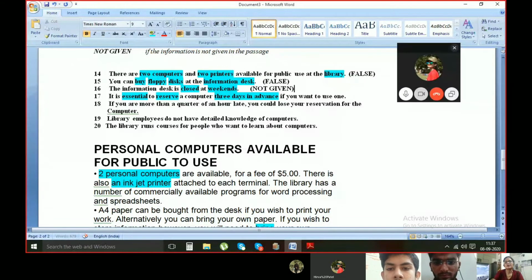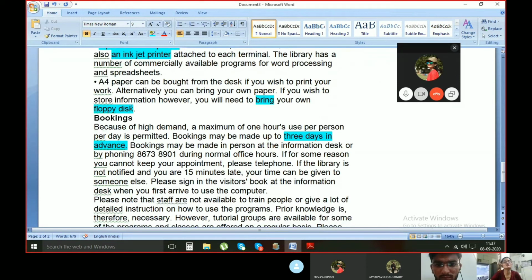But we found the word booking in advance. And 3 days also we found. We got the word booking in advance and 3 days also. But it is essential. See, I marked the word essential also. Because of the high demand, a maximum of 1 hour's use per person per day is permitted. Bookings may be.